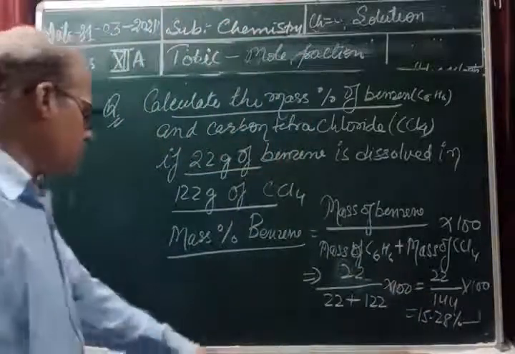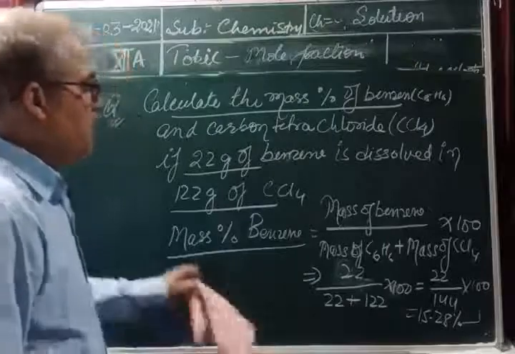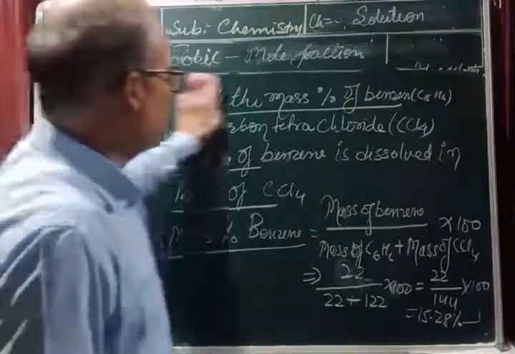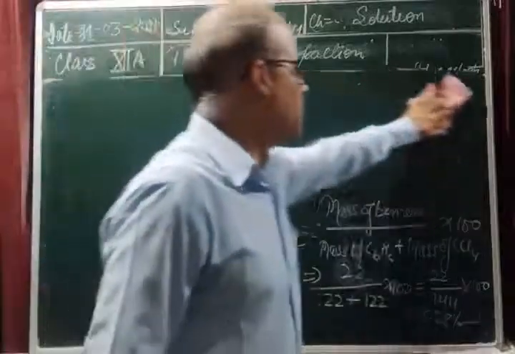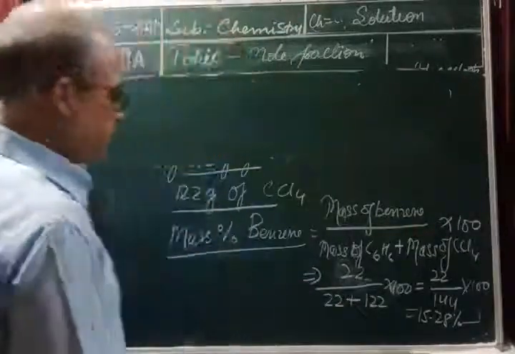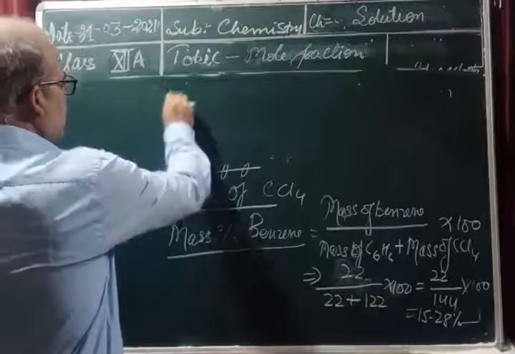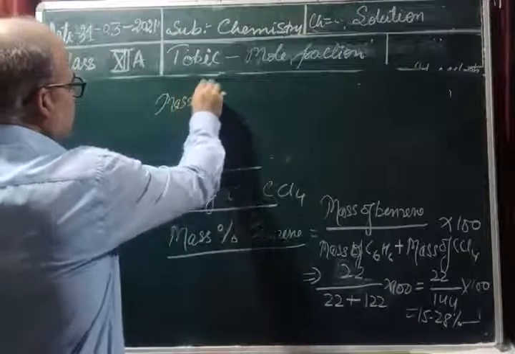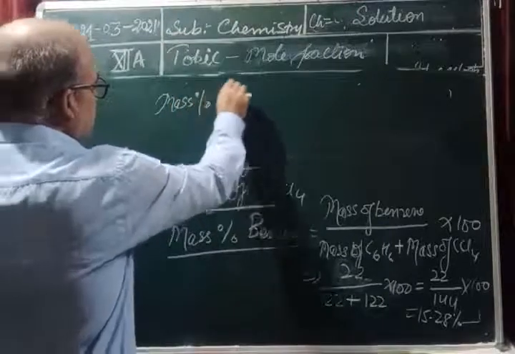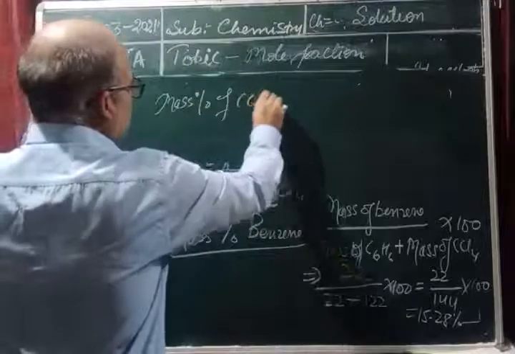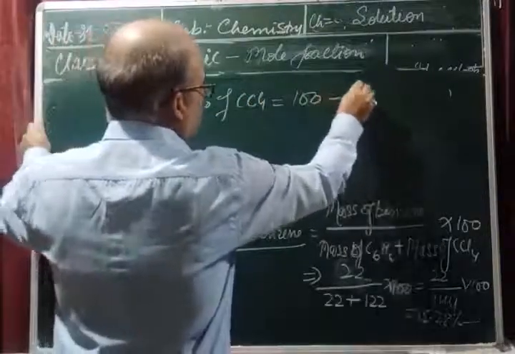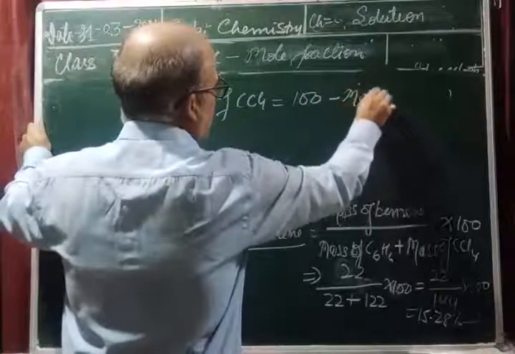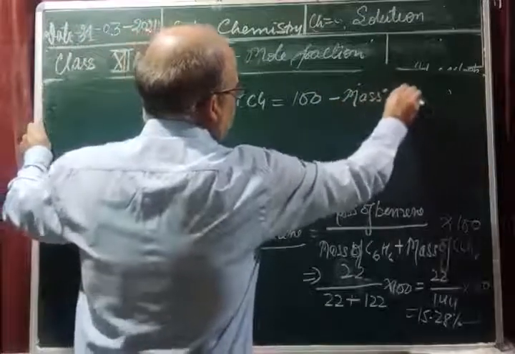Suppose you have to calculate the mass percentage of CCl4 also, then the mass percentage of CCl4 will be 100 minus mass percent of benzene.